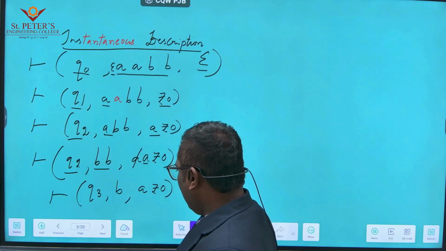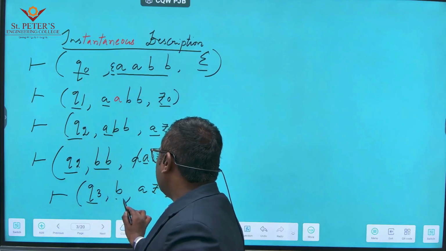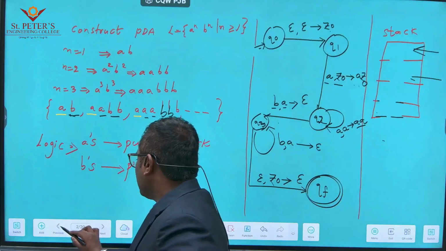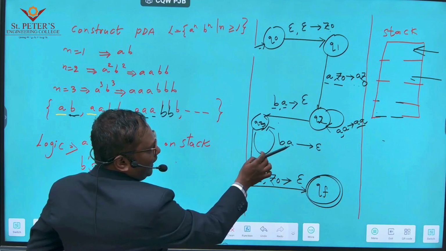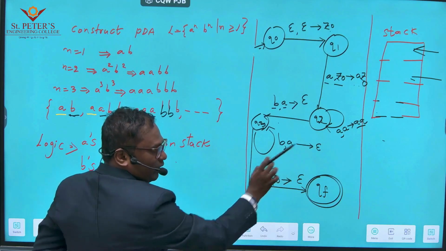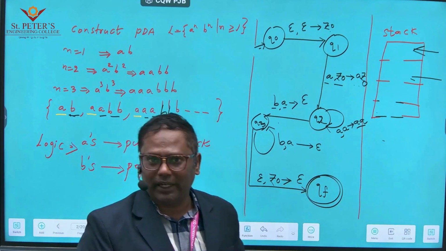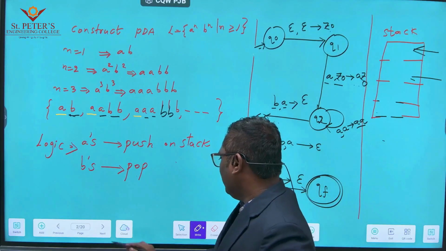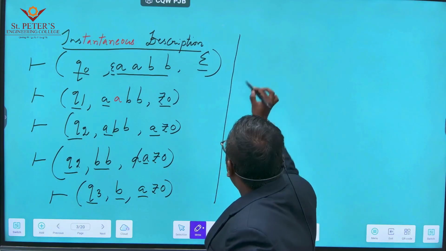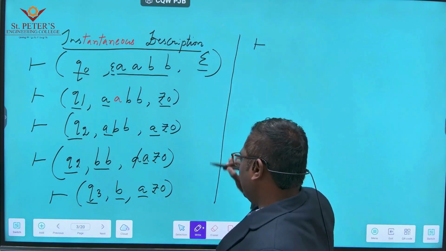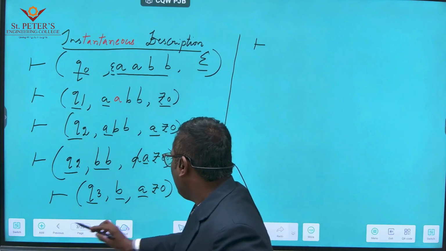Okay, now you are going to give Q3, B and A. Check the transition for Q3, B and A. So Q3 on B and A, again you are going to pop the top of stack element, because I am writing epsilon there. So I am directed to Q3.